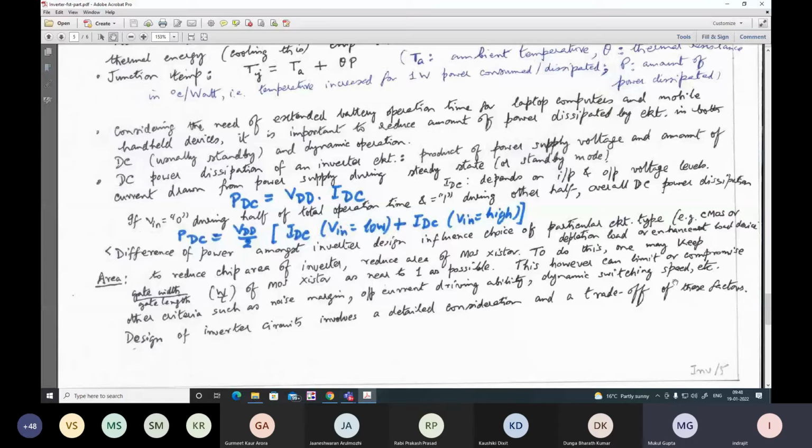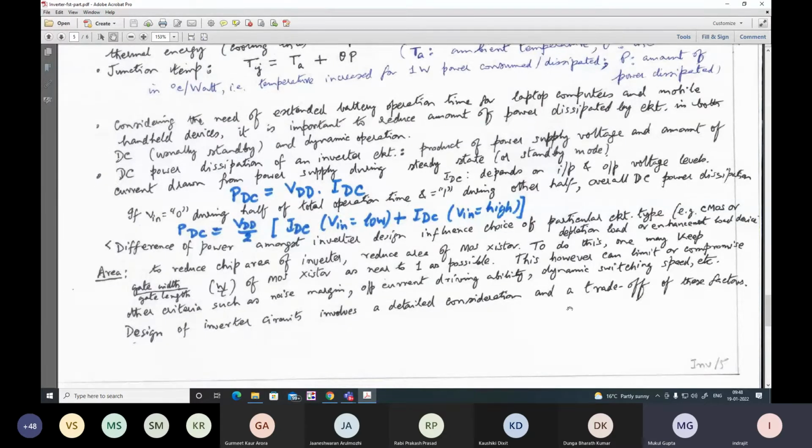Also, dynamic switching speed. When we derive an expression for TPLH and TPHL, we shall find that this W by L ratio plays an important role. So to attain a higher dynamic switching speed, a minimum value of W by L should be there.